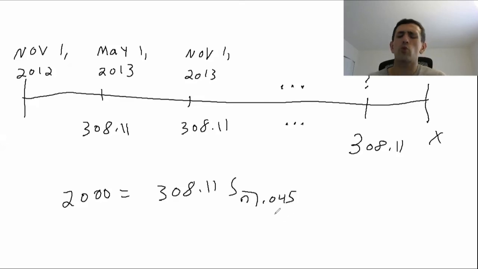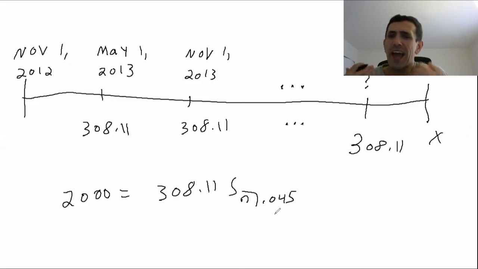So we're in the same situation as before, where the actual 6-month interest rate is 0.045. Okay, so we're going to solve for n and then round down to the nearest integer.